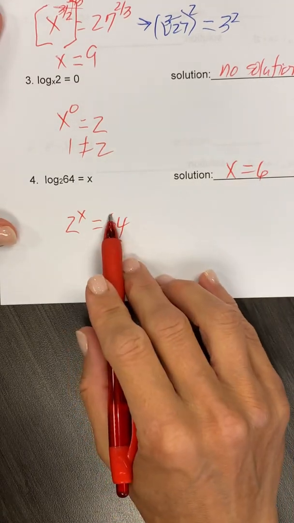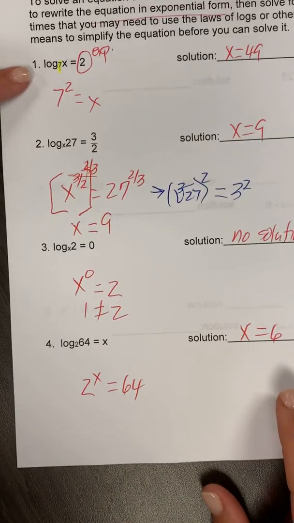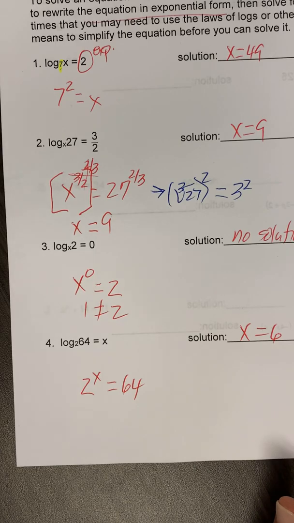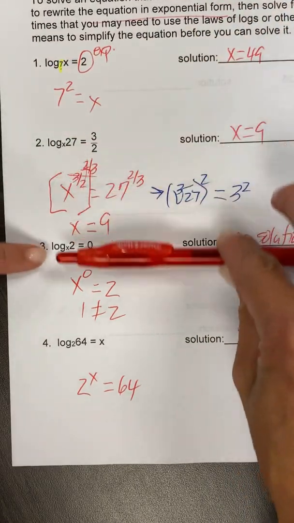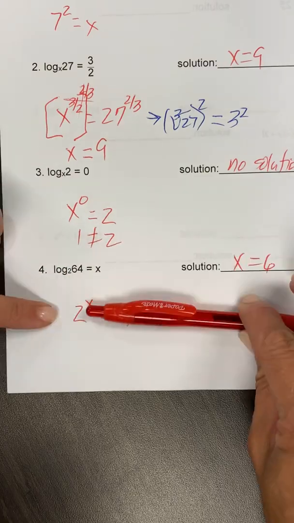I just looked at my chart. Okay. So in these first 4 problems, we took what we did yesterday. We wrote it in the exponential form first and then figured out what the x would be. But as you notice, each x was in a kind of a different position, which created a different little equation at the end to solve.